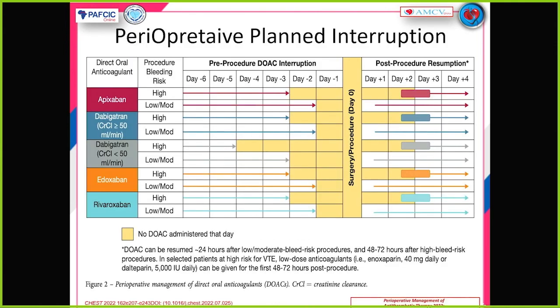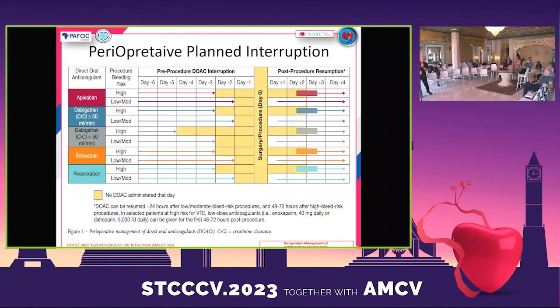According to the American guidelines, we have here the 4 drugs. With apixaban, we can stop the day before the procedure if it's low to moderate risk, so we don't take the pill. If it's a high-risk surgery, we stop 2 days before. If it's dabigatran, we have to stop even 4 days, sometimes 5 days before.